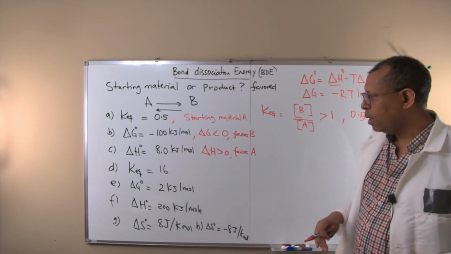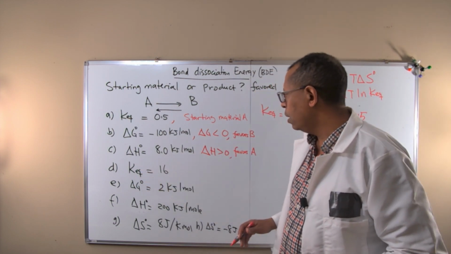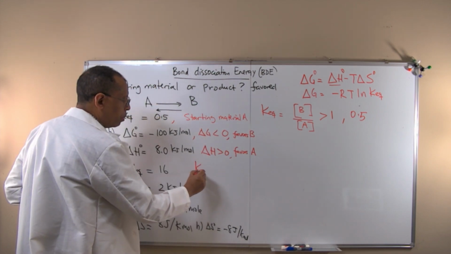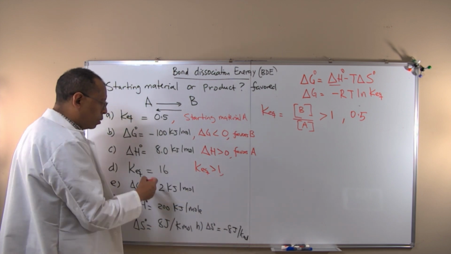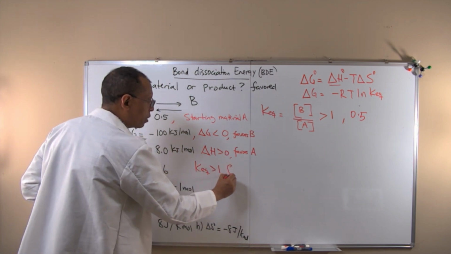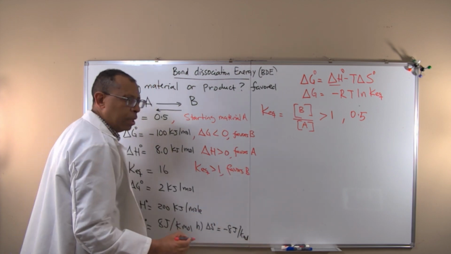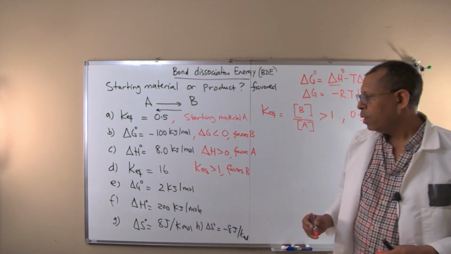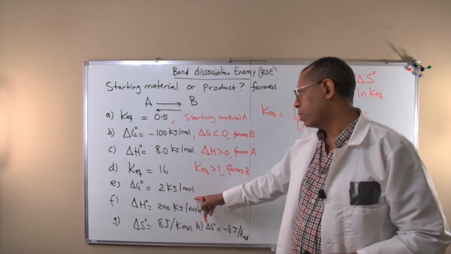Considering just that, D: K equilibrium is equal to 16, which is very large. K equilibrium is greater than 1, hence it should favor product formation. So it favors formation of B, the product. E: delta G equals 2 kilojoules per mole.